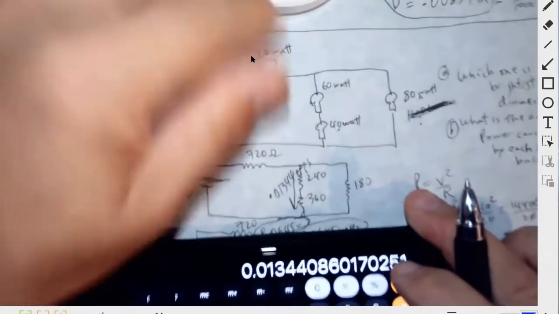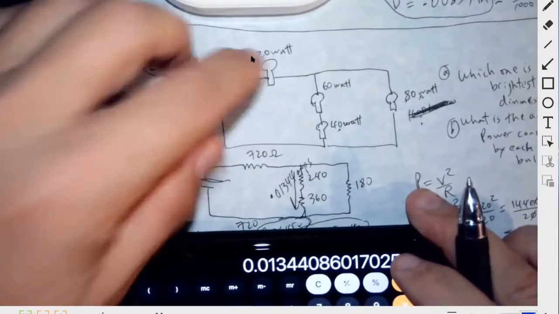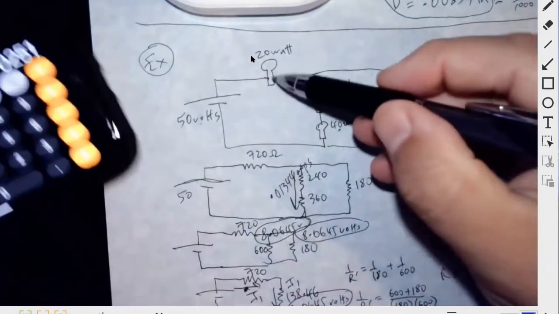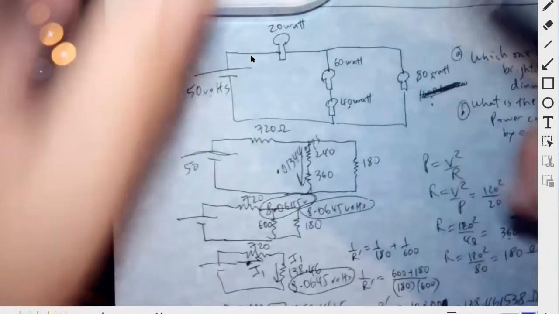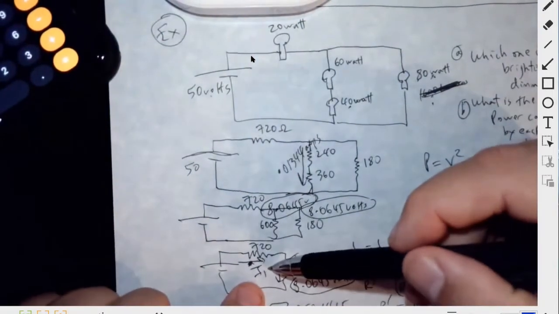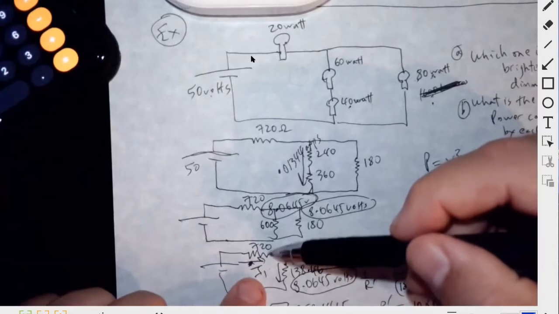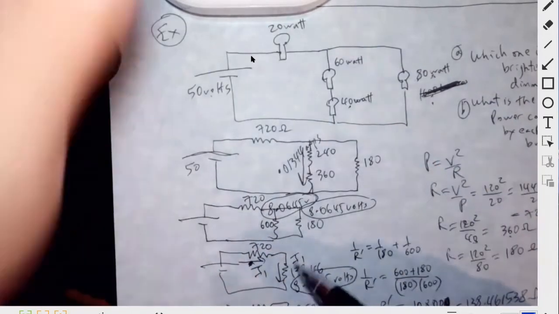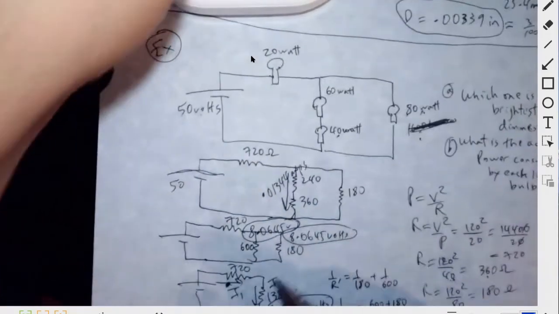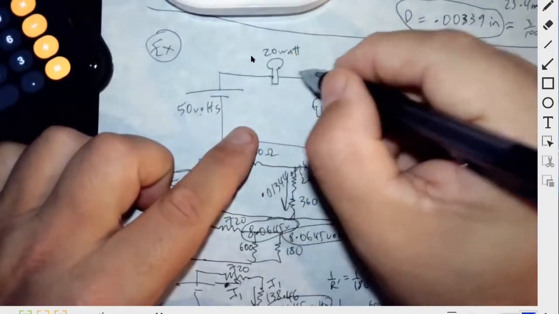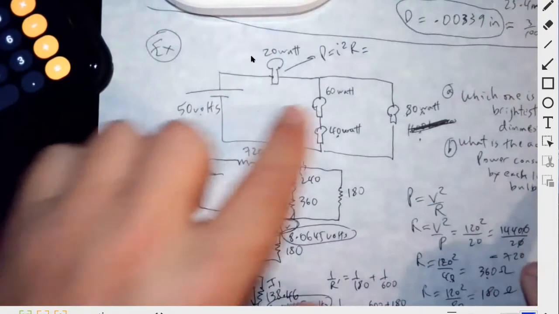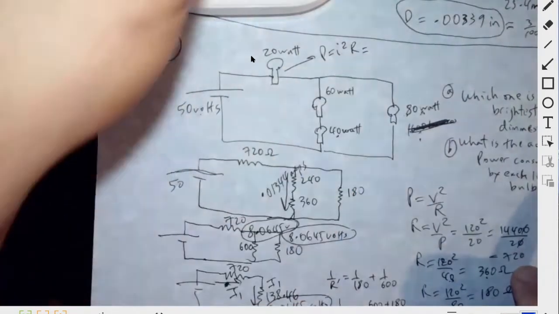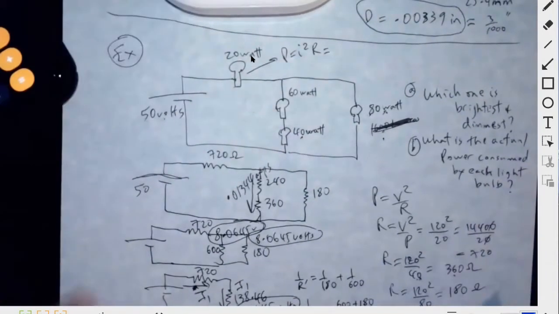Okay, so now what's the actual power output of this one? I know the current. I never actually calculated the voltage of this, but if I know the current, the power of this is I squared R. So I can just do the current squared.